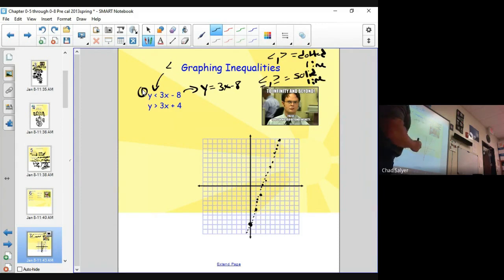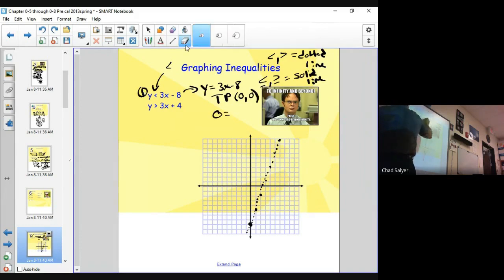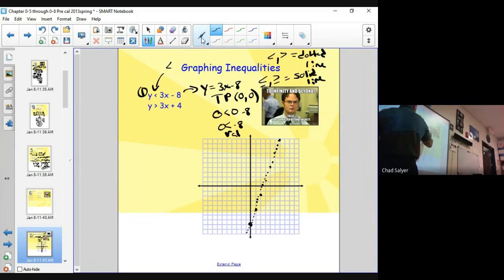So if I plug in 0, 0, and I'll call this my TP, test point, 0 is less than 3 times 0, which is 0, minus 8. 0 less than negative 8, that is false. So in the case of this first inequality, the test point of the origin fails. So it's not this side, meaning it has to be the other side.